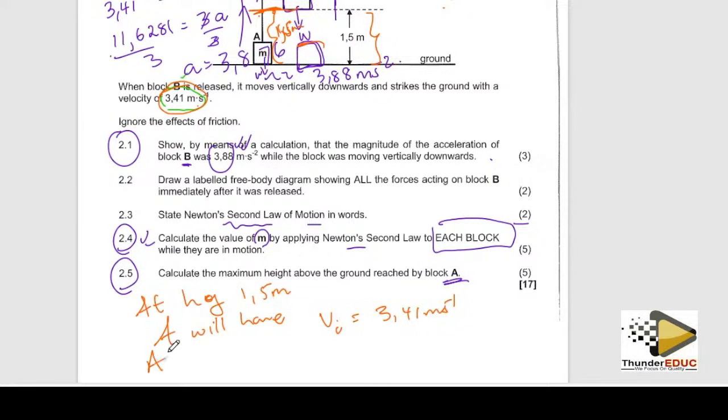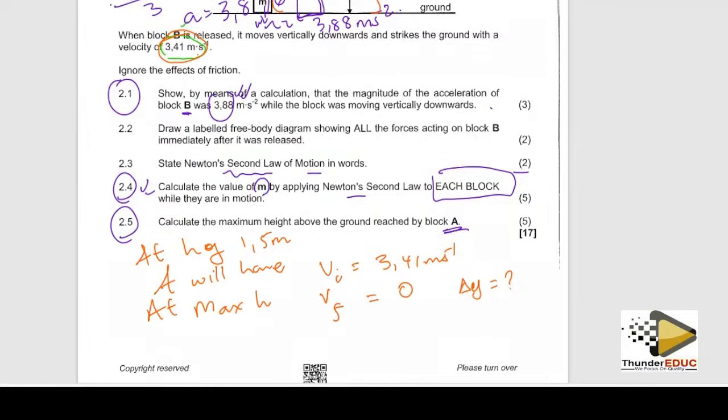And we know that at maximum height, the final velocity must be 0. Okay, the question is asking us to find the displacement. So we need to find the height that the object moves.